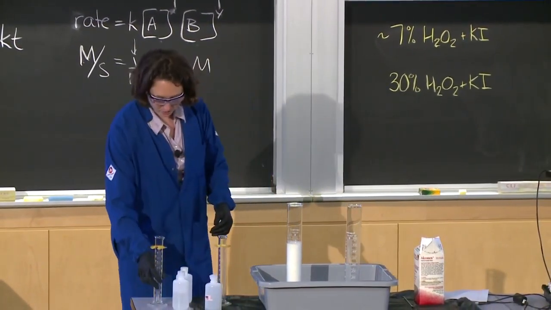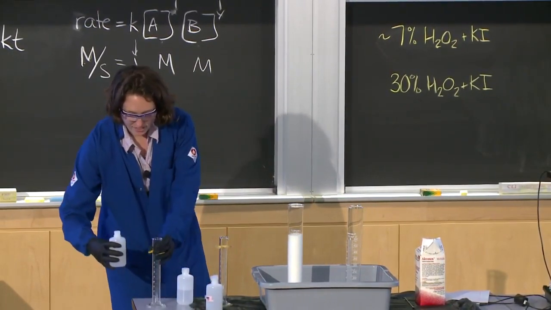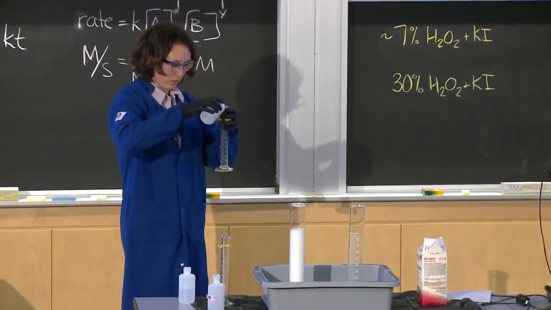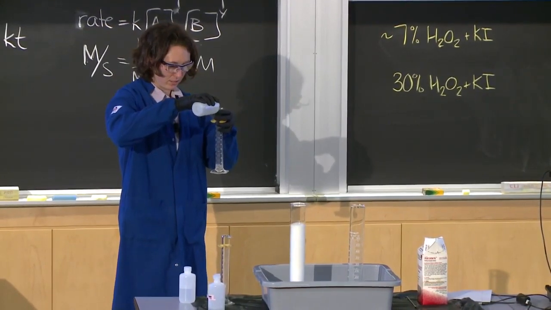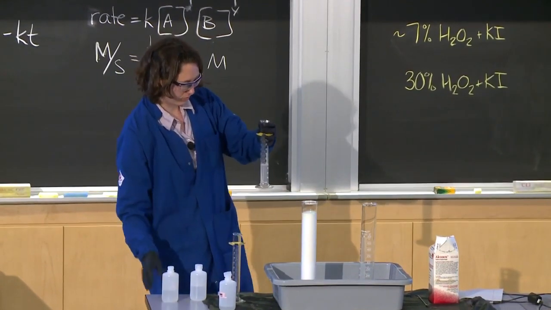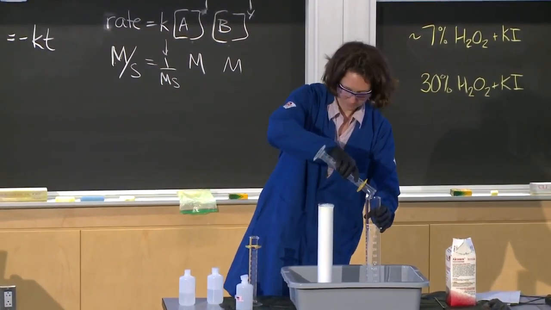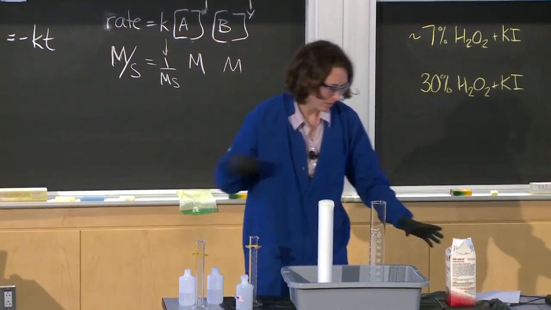All right, so it's taking its time. While that is going, we can set up another one. This time we won't dilute the hydrogen peroxide, so we'll just use 40 milliliters of hydrogen peroxide. We need our soap.